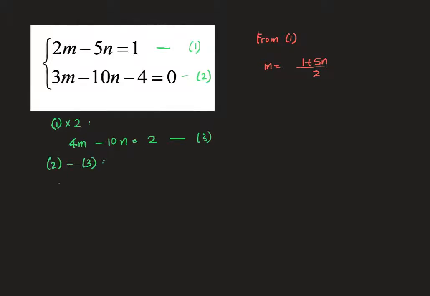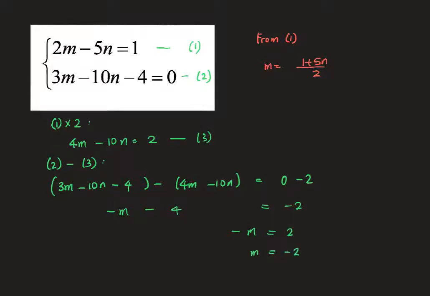That is, then we have minus m minus 4 equals minus 2, and minus m equals 2, and m equals minus 2.